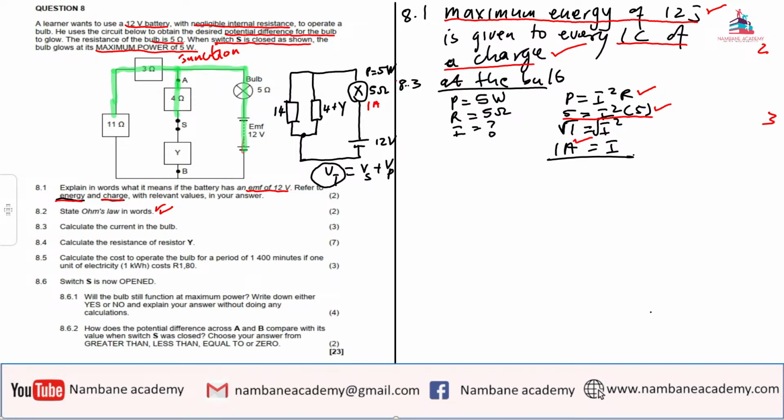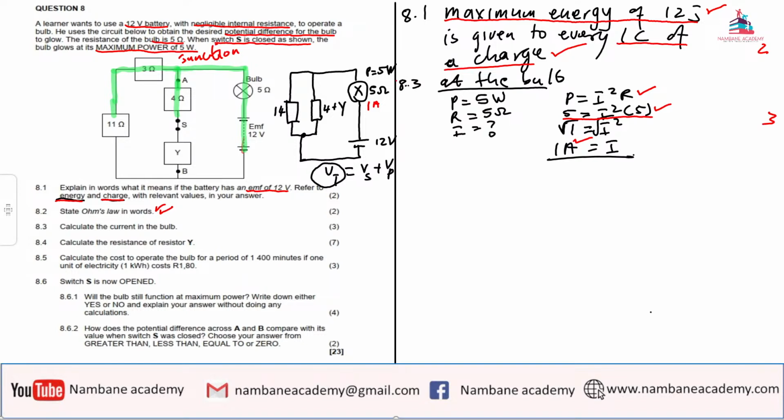How did I come about this? It's me just following the current path and trying to have a simple circuit that I can be able to visualize and apply all my important principles thereof.